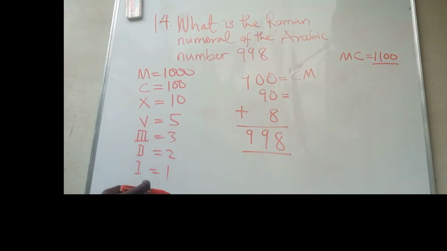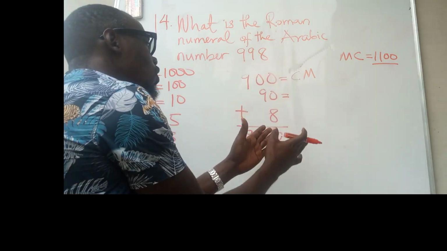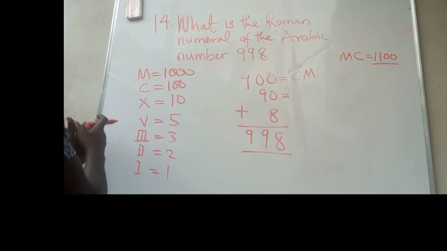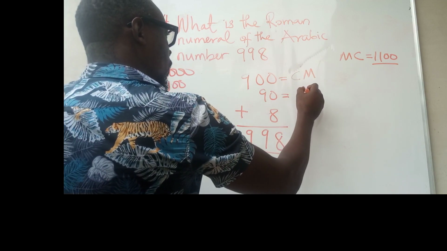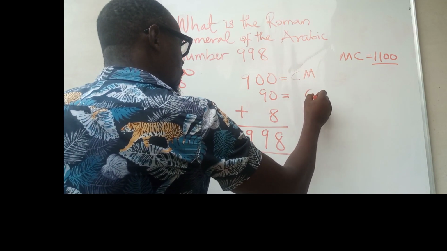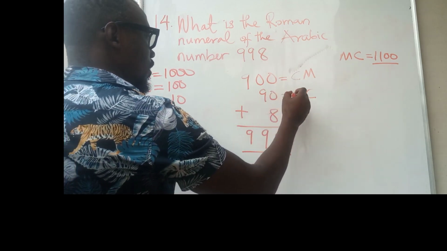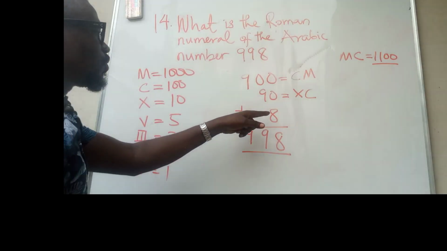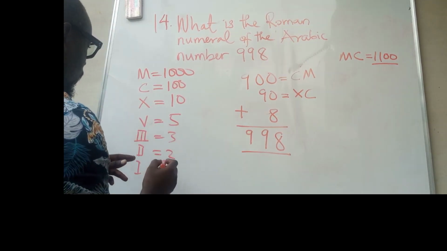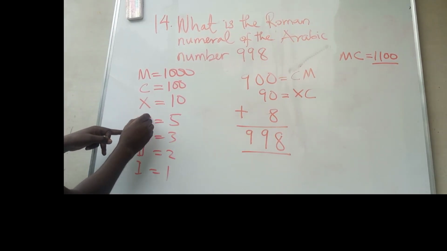Then the next one is 90. How do we get 90? 90 is 100 minus 10. 100 is C, then minus 10, that is 90. Then if you want to write your 8, we have been given 5 to be this.